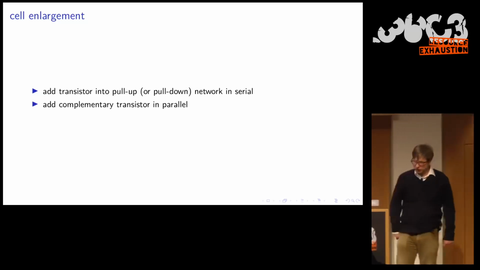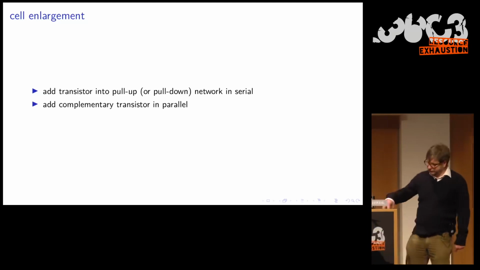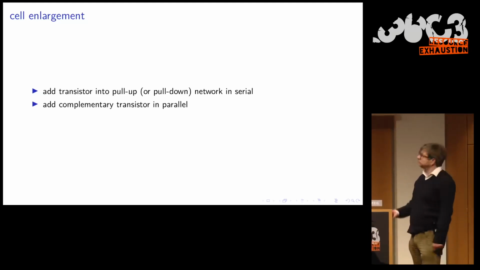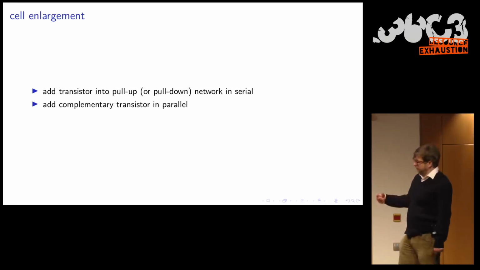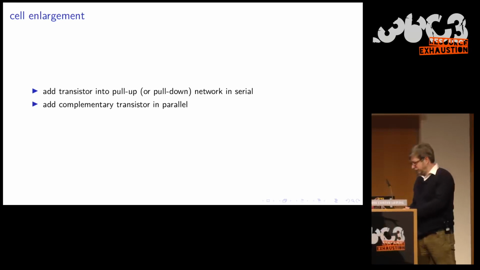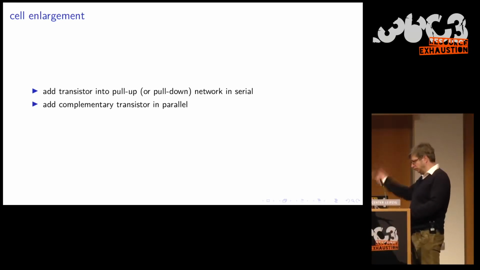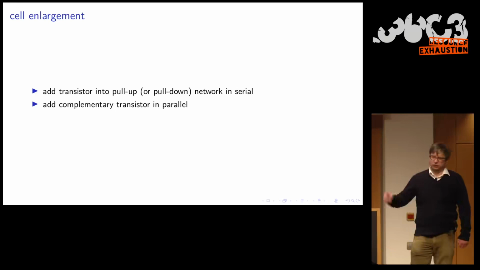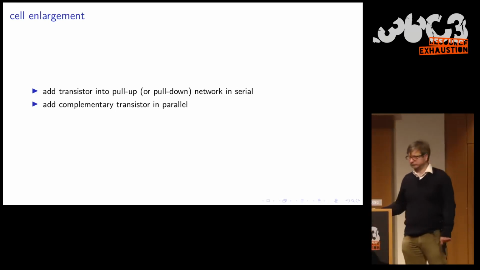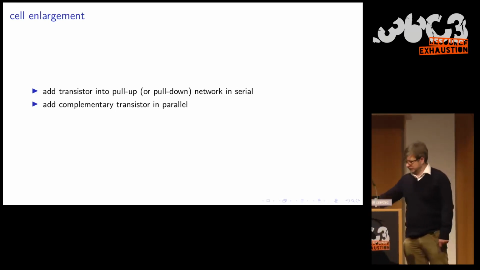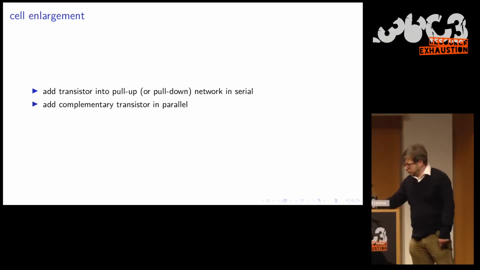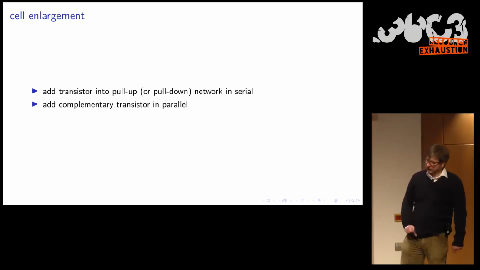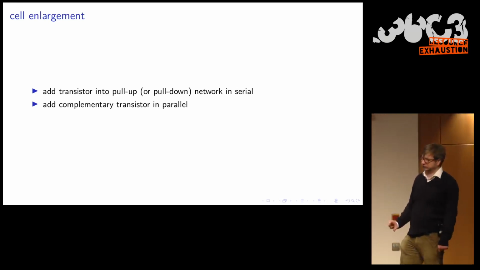So how do we get to these complex gates? We had the 4 examples. We start at one complex gate and go to the next by applying small steps. So we can add a transistor to the pull-up or pull-down network in serial, but then we have to add in the complementary network a logic equivalent in parallel.